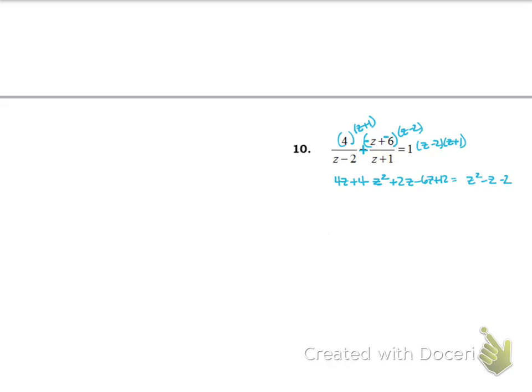All right, let's go ahead and combine some things here. So I could add this z squared over if I wanted to. So that he's gone right here. And then I could combine these as I'm doing that. So 4z and 2z and negative 6z.